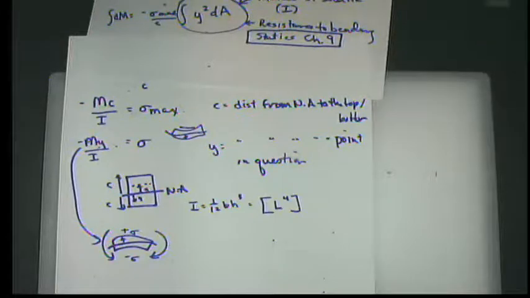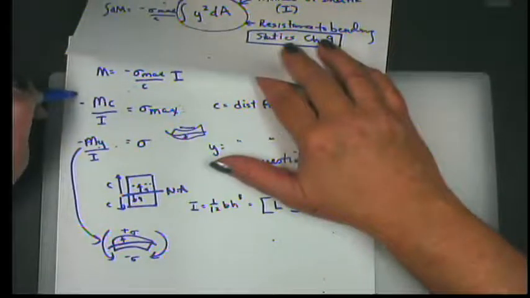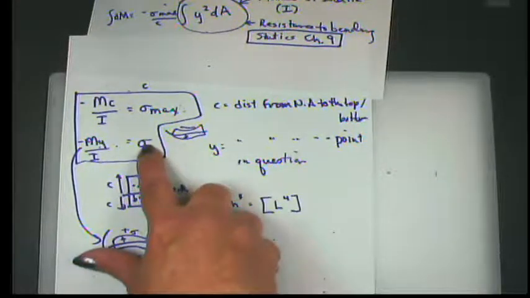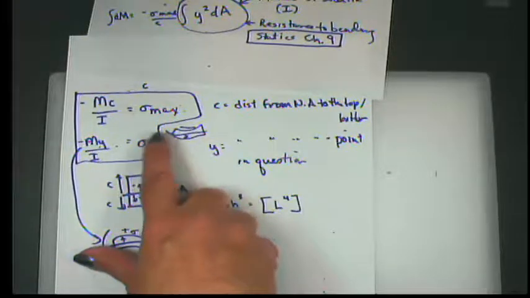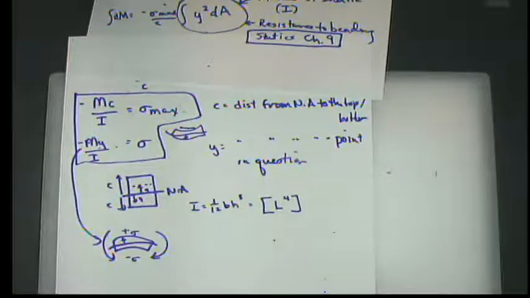Okay. Now, these equations, let me rewrite them, or I'll just put them right here. These equations right here are the first set of workable equations that we have that relate sigma to moment across this distribution for a particular moment of inertia on the cross section.